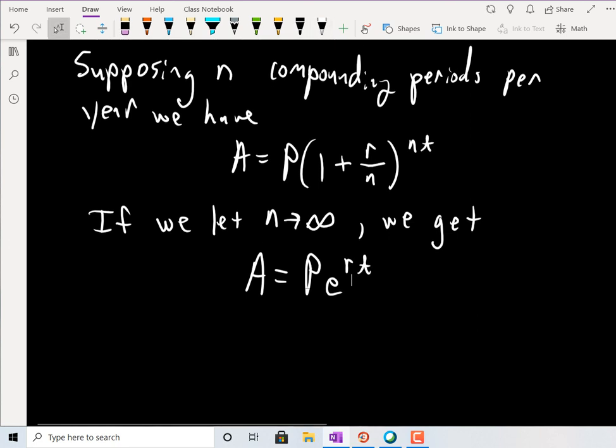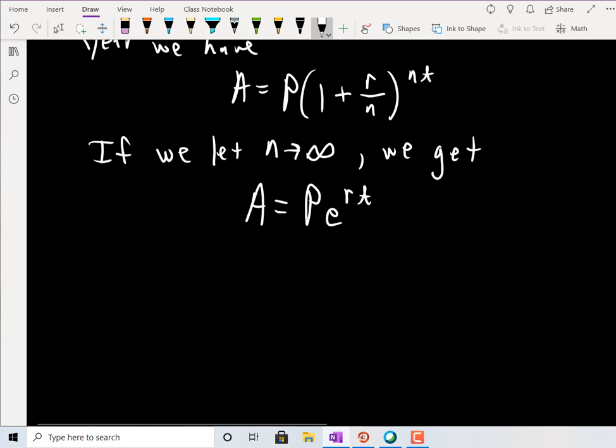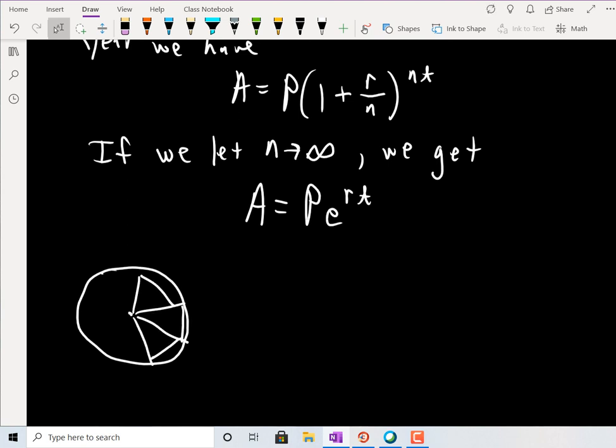It's a little like the number pi in that if you're trying to get the area of a circle, you could approximate it with a bunch of little triangles, right? You could put a triangle here, a triangle there, and the area of the triangles will be a pretty good approximation.